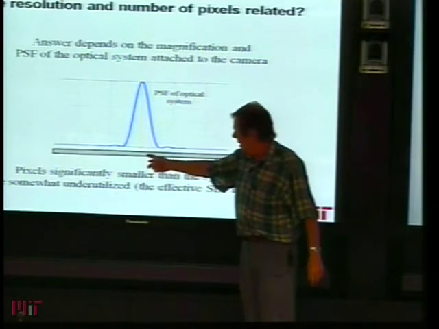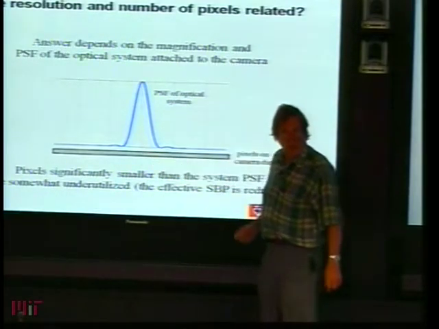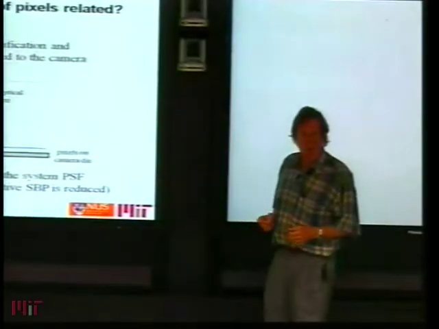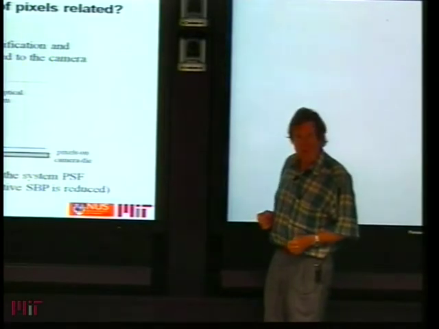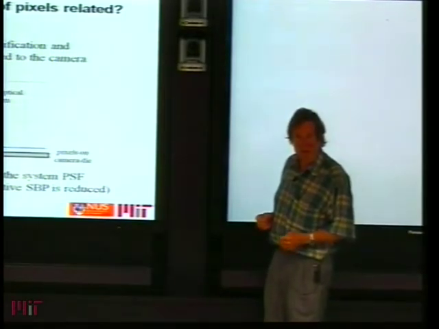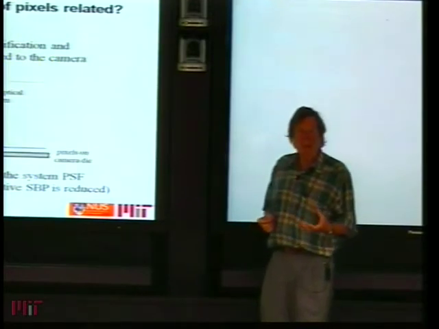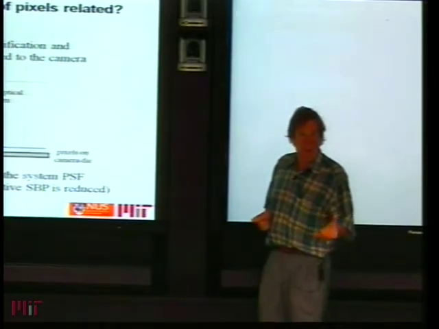So here, you're very much oversampling this image. All you're measuring, very accurately, is a blurred picture. So that's not really giving you very good resolution, and the number of resolution elements in your image is actually much smaller than the number of pixels.